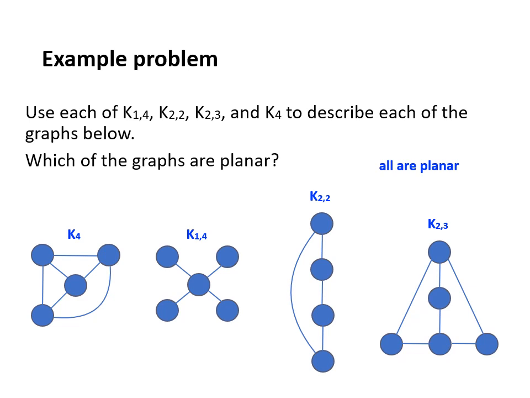K14 means that it's a bipartite graph where there is 1 node on the left and 4 on the right. And this is what is happening here. So if you think about how we would draw this graph in a more bipartite fashion, you would put this node in the middle on the left and the 4 nodes around it on the right.